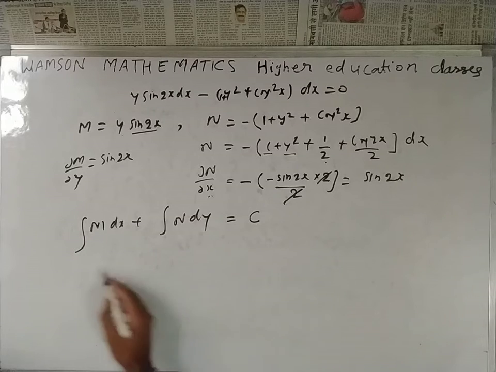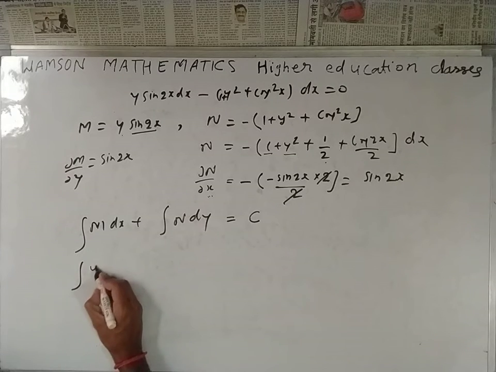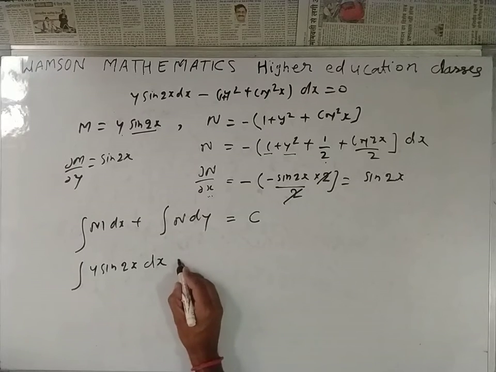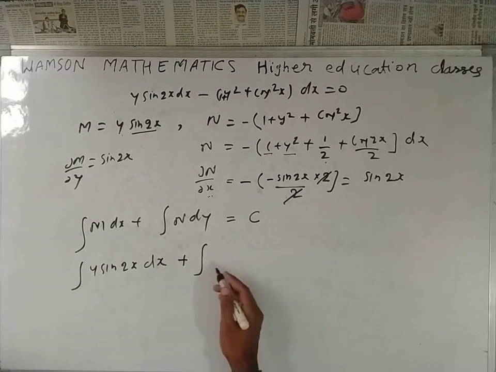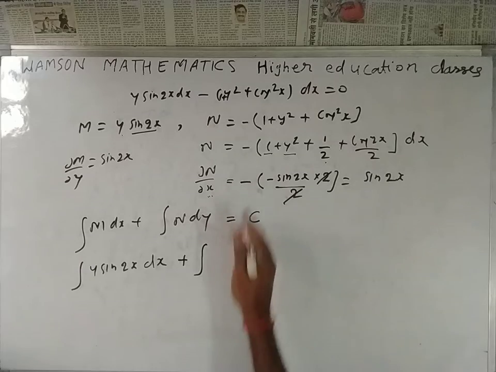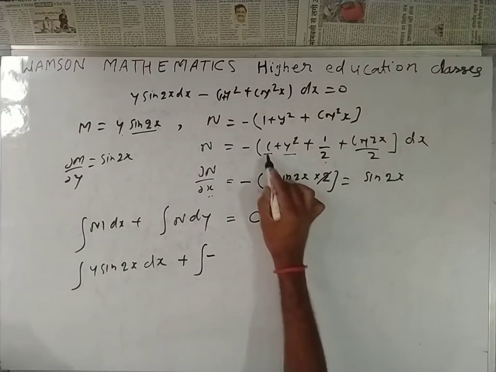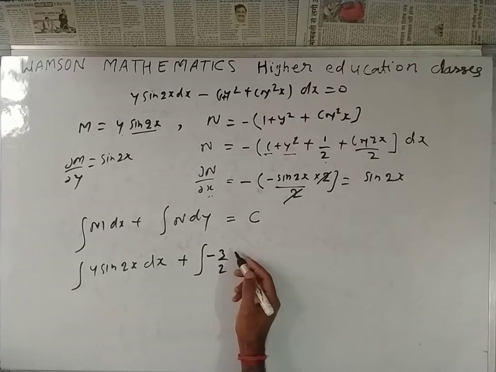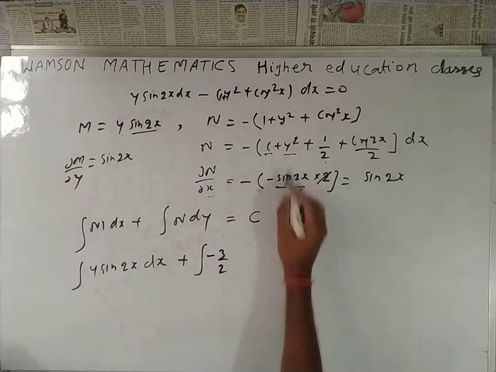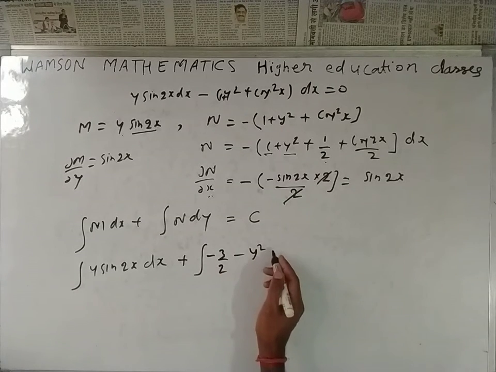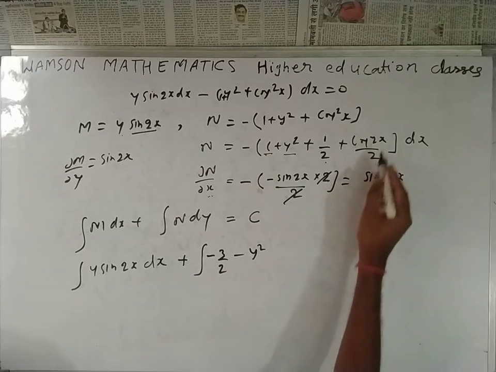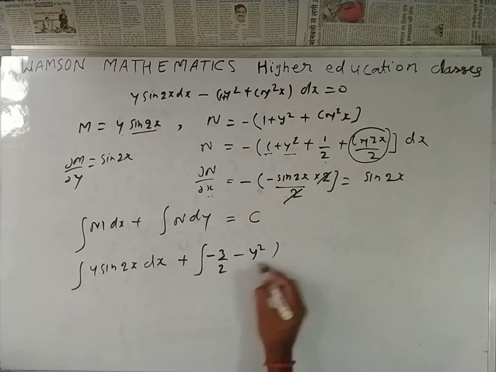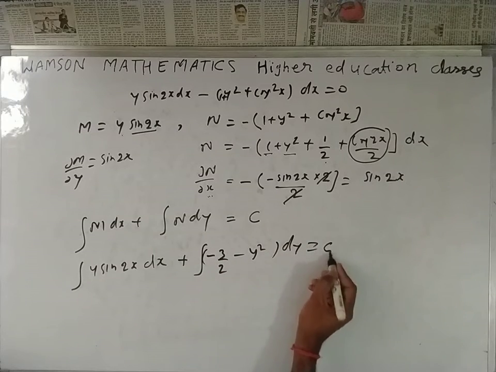Here M is y sin 2x dx plus N is negative times 1 plus half, so 3 by 2, minus y squared, and this constant term contains x, so neglect, into dy is equal to constant.